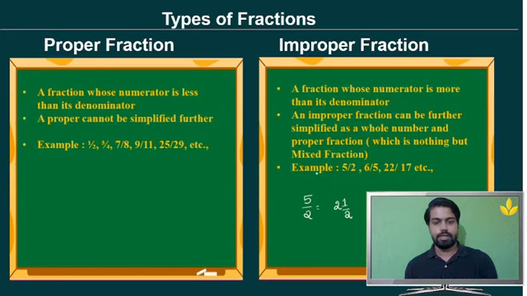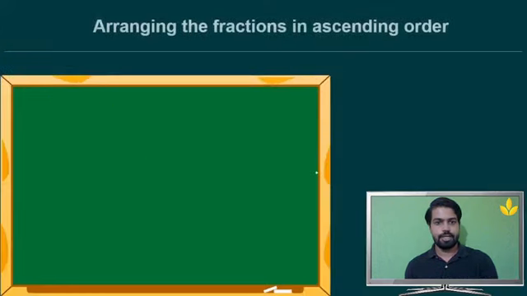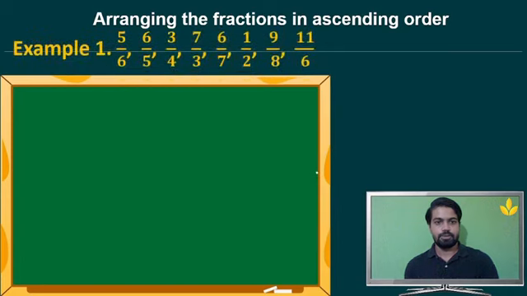Let's go to the calculations and some examples. This is one typical type of question where they'll ask you to write the fractions in ascending order. The fractions given are 5 by 6, 6 by 5, 3 by 4, 7 by 3, 6 by 7, 1 by 2, 9 by 8, 11 by 6.